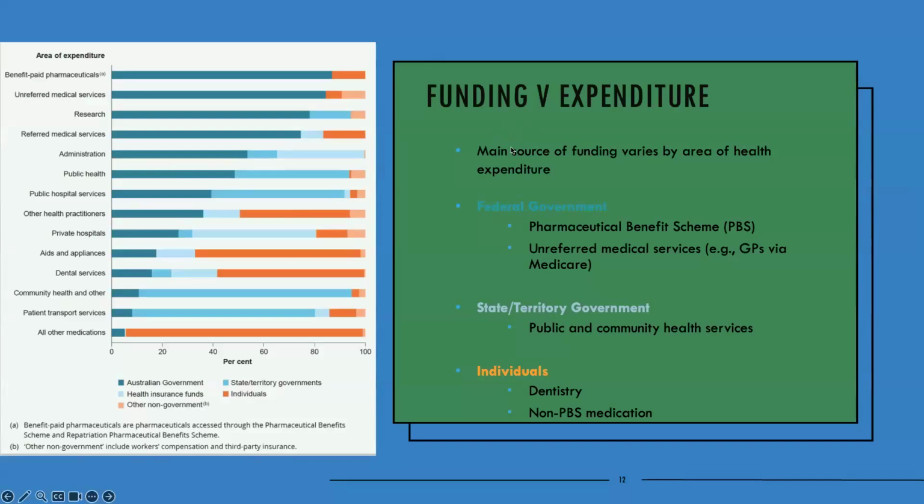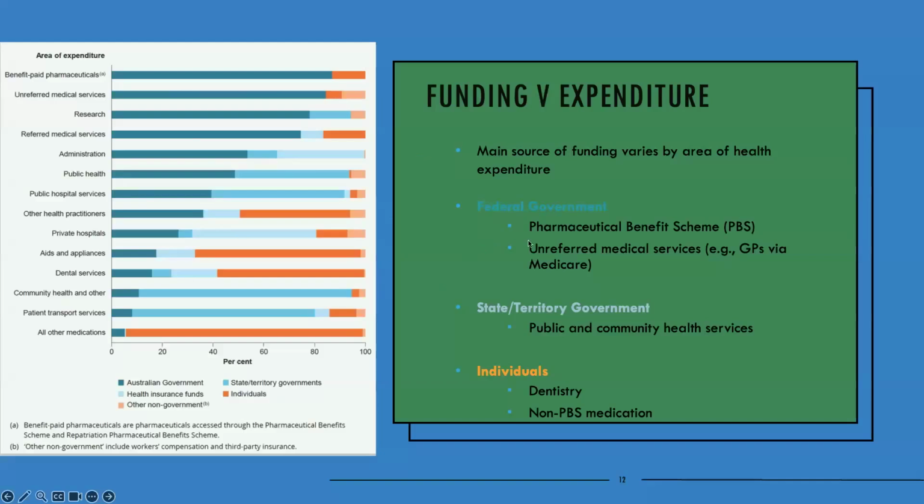And again, as I said, the main source of funding varies by the area of health expenditure. So where the money comes from depends on the specific area of expenditure. And this is what I've been trying to color code here.